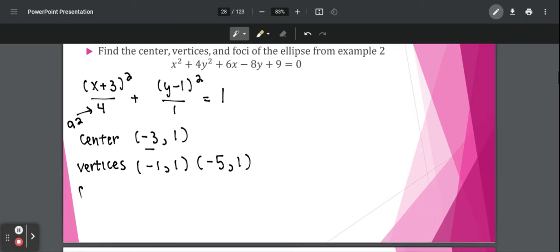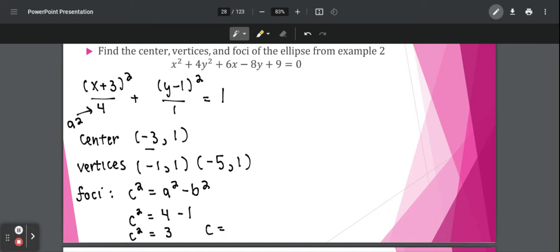And then the foci, remember, has the equation c squared equals a squared minus b squared. So our c squared equals 4 minus 1, which means that c squared equals 3, or c equals plus or minus the square root of 3. And your foci are always on the major axis.